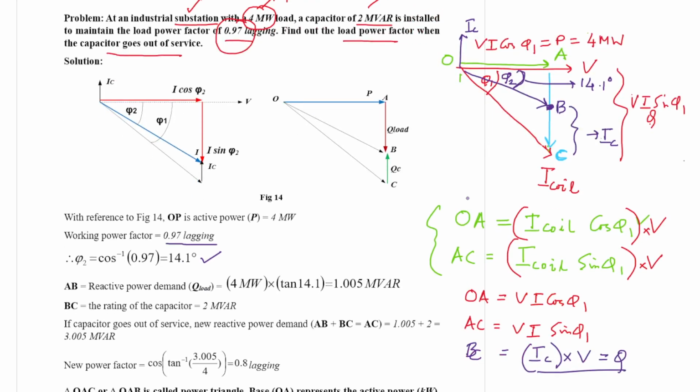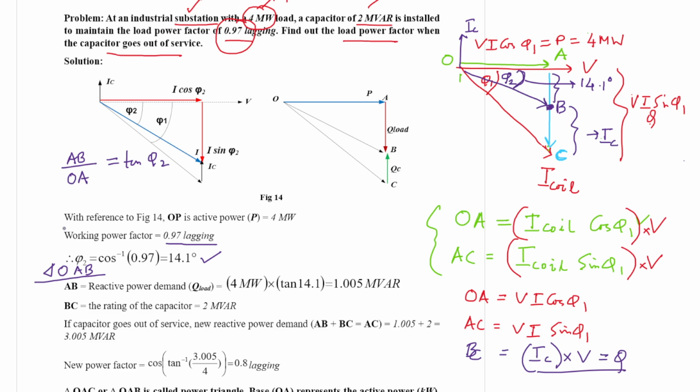With that we can directly write, from the triangle OAB, AB by OA, AB is the perpendicular and OA is the base, it becomes tan phi 2.